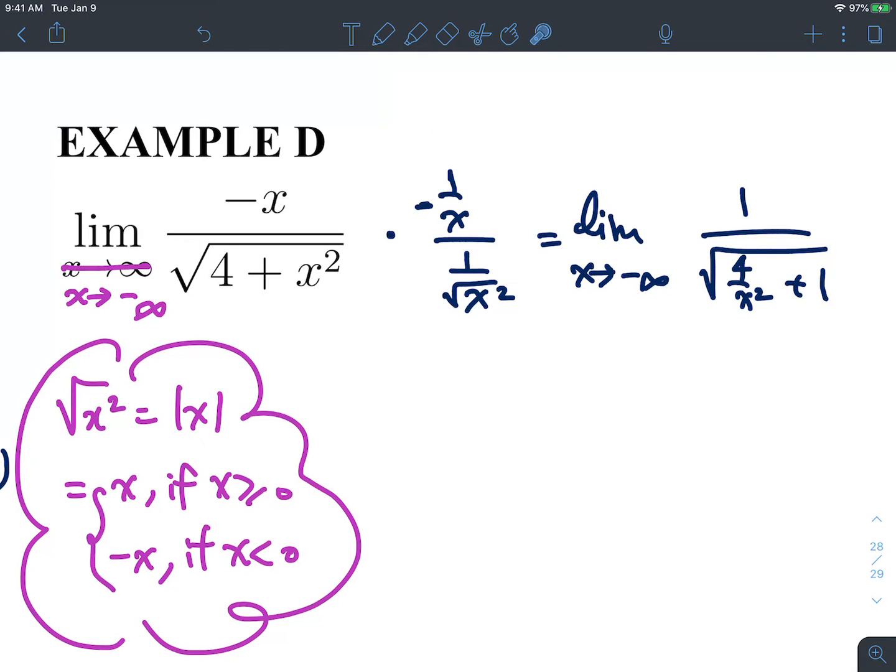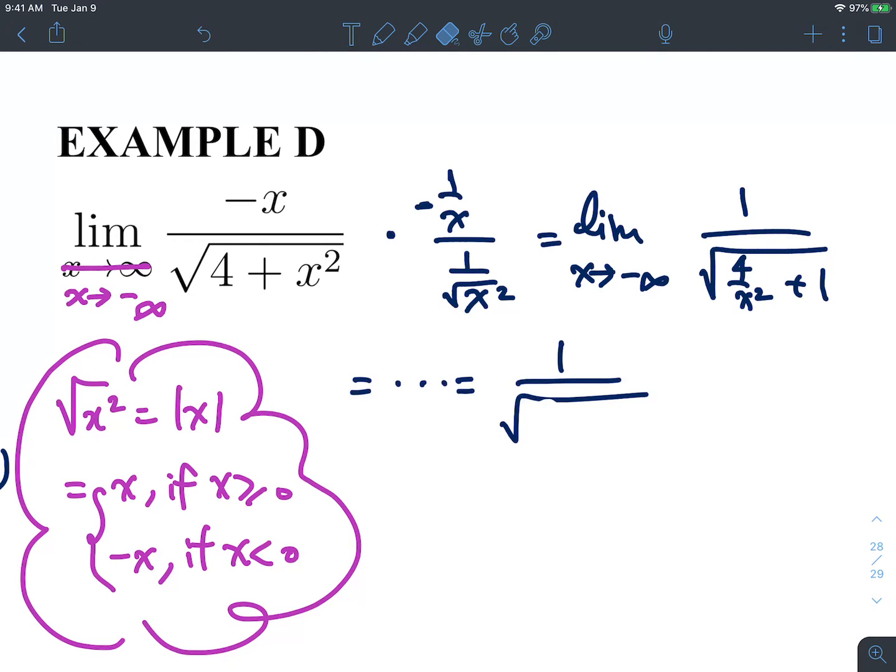Now, you could distribute the limit to the top and bottom, and then the limit goes inside the radical. So it's the limit of that plus the limit of that, right? So after multiple limit laws, that's 1 over the square root of 4 over 0. Sorry, my bad.